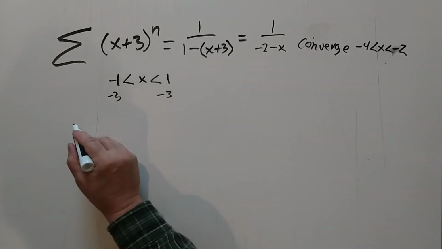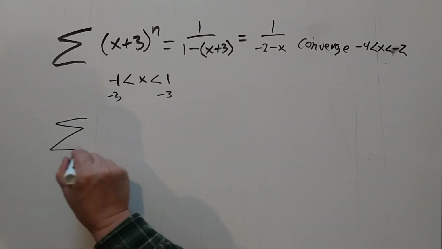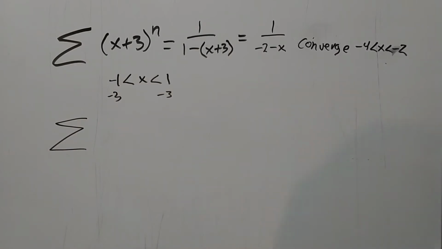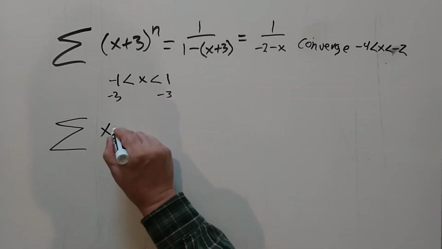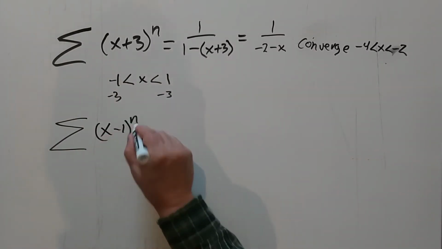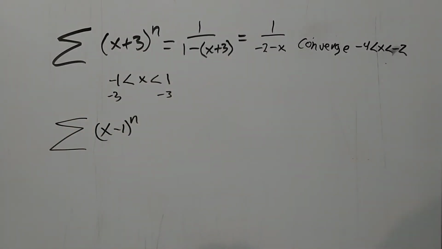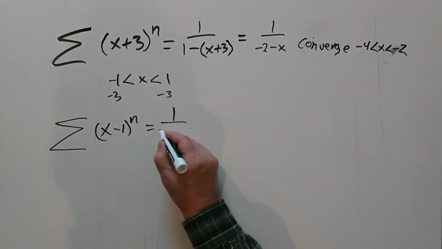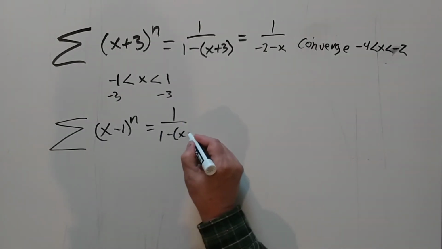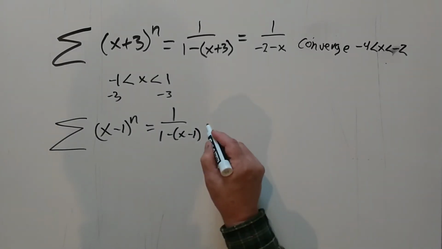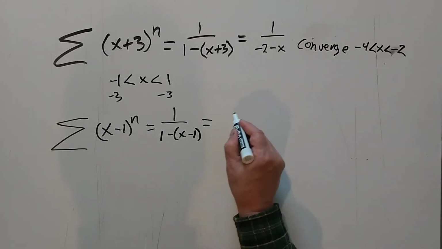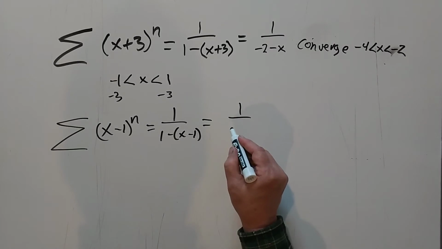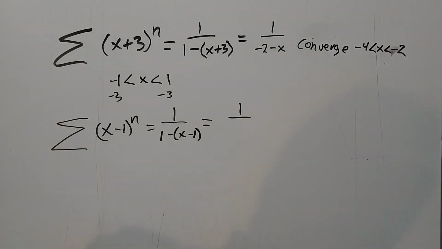Here's another one. The sum of x minus 1 to the nth. This would be 1 over 1 minus x minus 1, which simplifies to 1 over negative x.